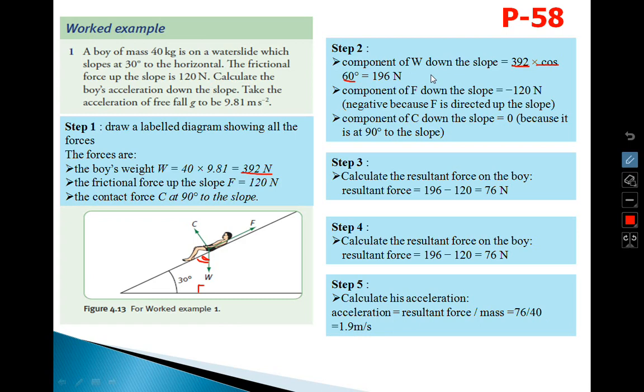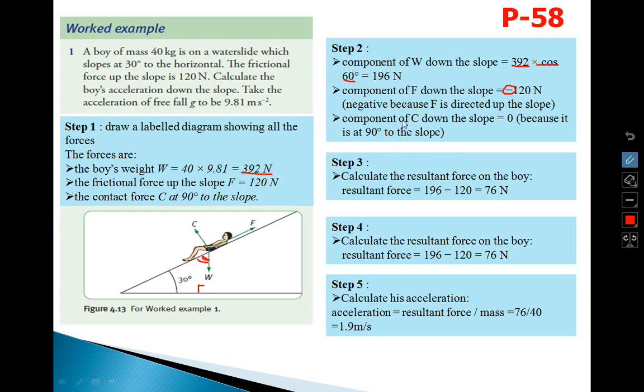The component of F down the slope is equal to minus 120. Why is it minus? Because the friction is directed up the slope, and we are taking down the slope as positive, so it will be minus.